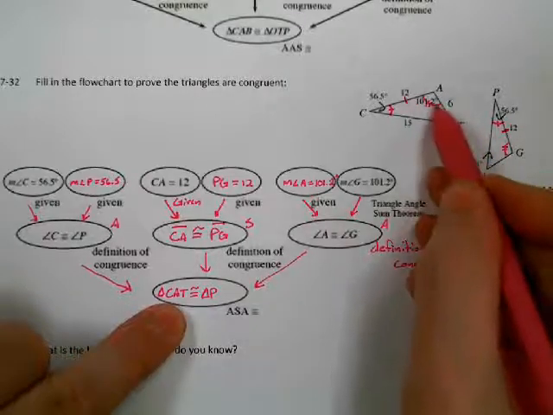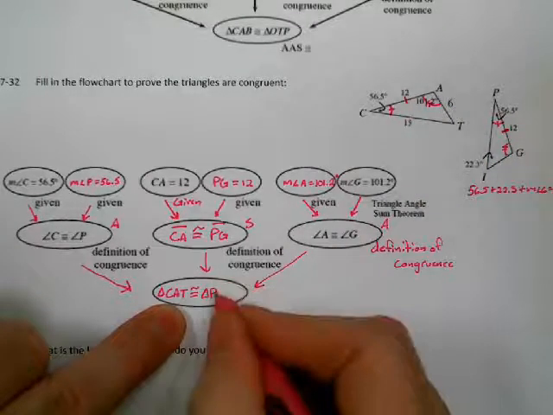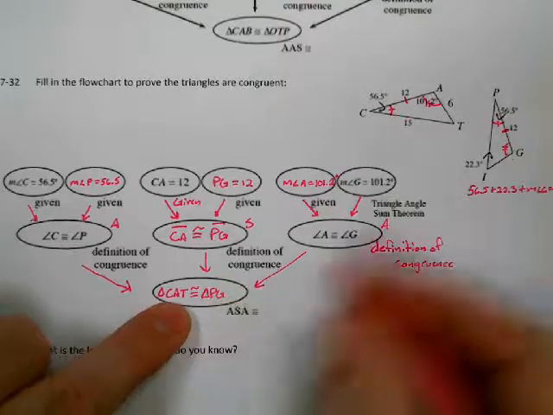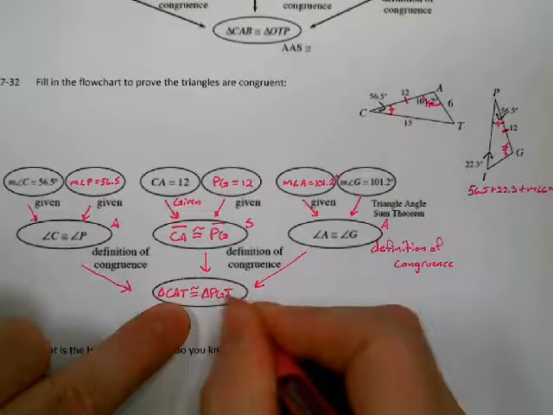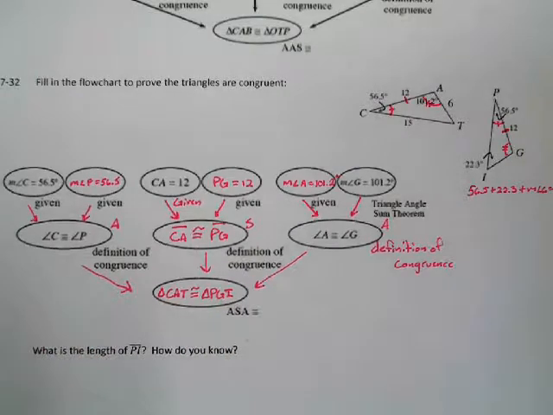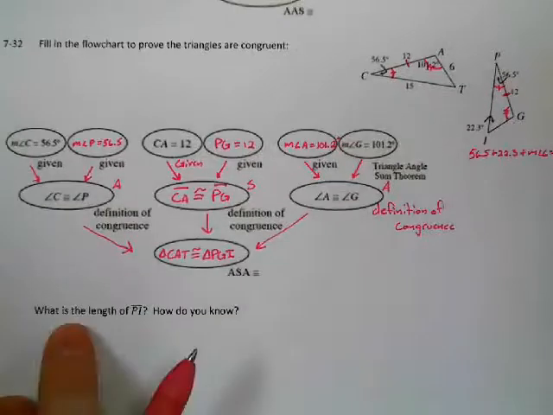G is 101.2, so G comes next. And then T has to go with I. So CAT is congruent to PIG, whatever.